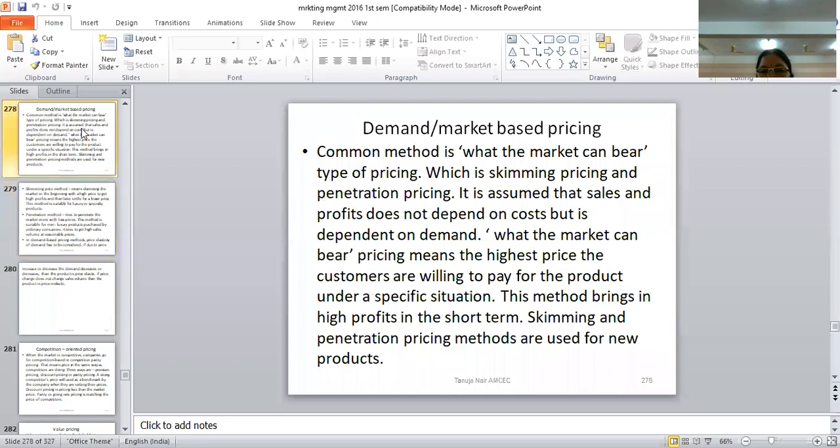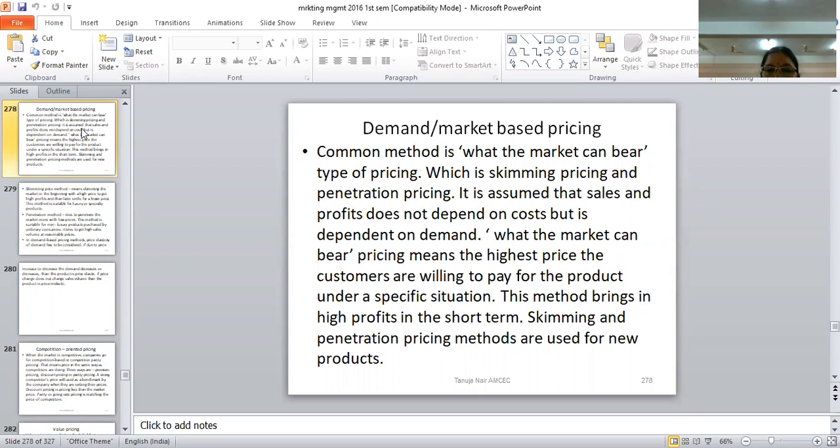Then you have the demand based pricing or market based pricing. Demand based pricing or market based pricing is what the market can pay, what the customers can pay you for the product. That is known as demand based pricing or market based pricing, what the market can bear. So here the two strategies that are used are the skimming pricing strategy and the penetration pricing strategy. Here the sales of the product or the profit which they plan to get from the product does not depend on cost.